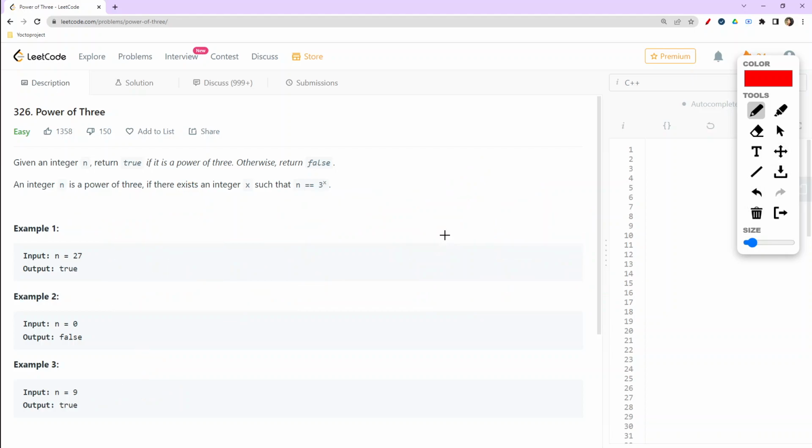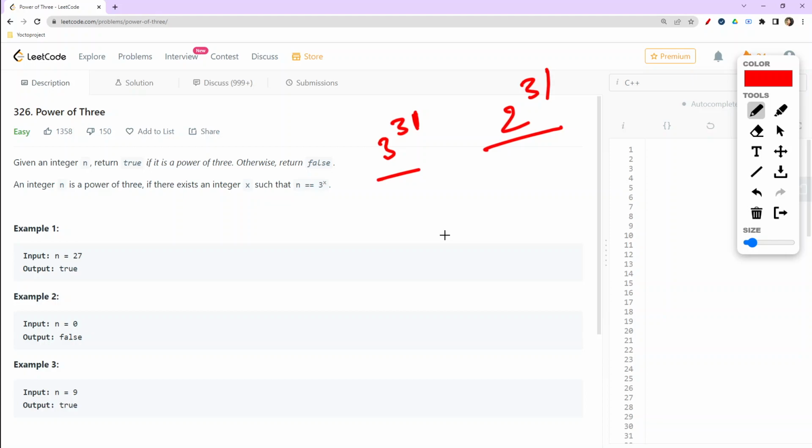Now comes the part of how we can do it without loop. So see, the thing is that it is about 3 raised to power, means we need to calculate until we get to 3 raised to power 31, right? We are required to calculate till that much, because here we are given that we are required to go till 2 raised to power 31, right?